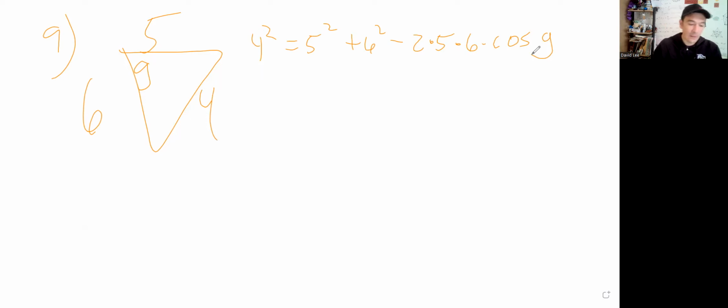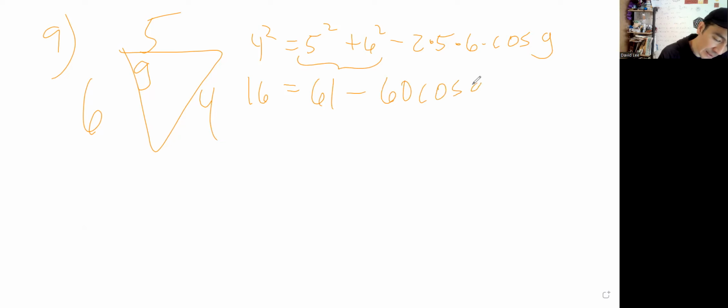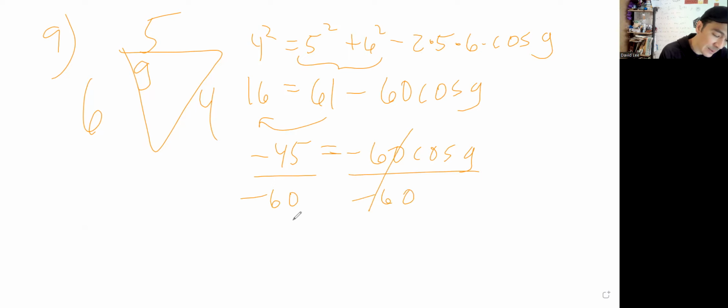So 16 equals 25 plus 36, which is 61, minus 60 cosine of G. Subtract 61 to get negative 45 equals negative 60 cosine G. Divide by negative 60, and this is 3/4 equals cosine G.